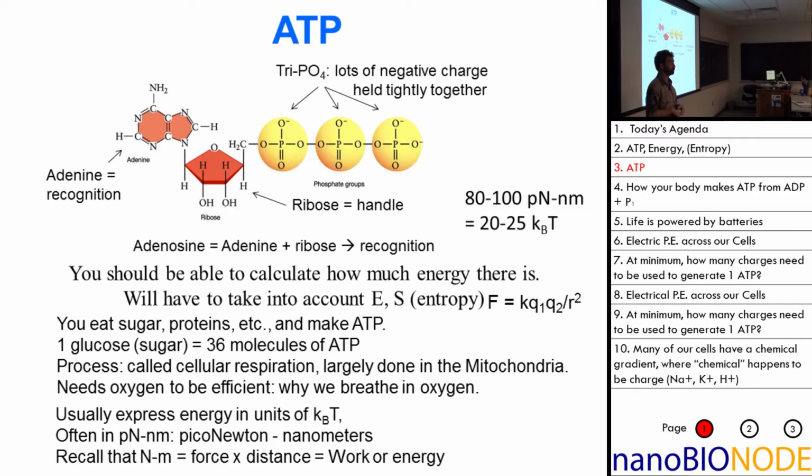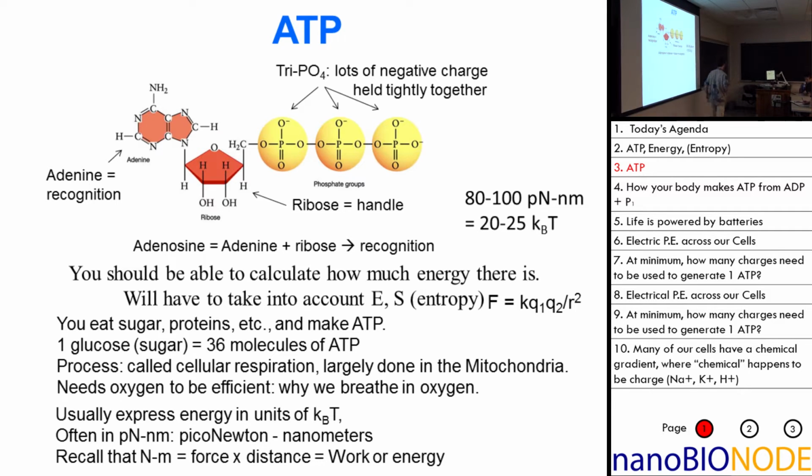For example, you can imagine if you want to move an object, and the object in general can't move, so what you do is you put it on a particular type of molecular motor that can apply a certain force over a certain distance.